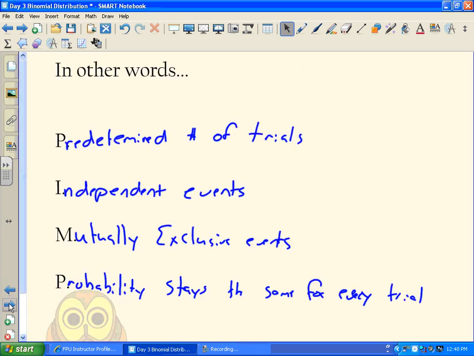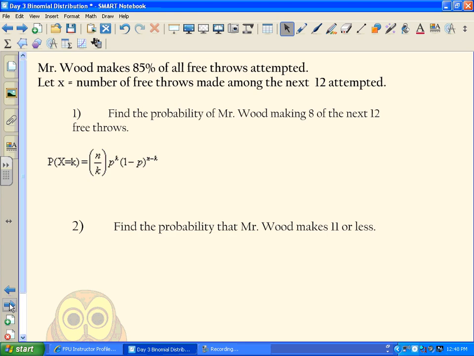All right. Here's what we're going to look at. Mr. Wood makes 85% of all free throws attempted. Yeah, right. But we're going to pretend that that's true. I wish. At one time I did shoot 85%, and now I can't really get close to 50%. Mr. Wood makes 85% of all free throw attempts. That means I played basketball all through elementary school, junior high, high school, and college.